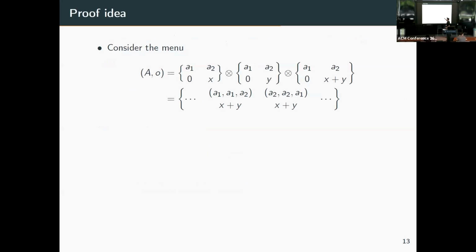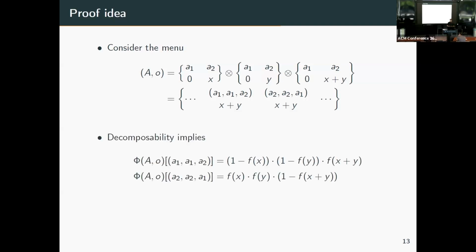So you can get x plus y by choosing A1 and A1 in the first two menus and A2 in the last one, or you can choose A2 and A2 in the first two menus and A1 in the last. By decomposability, the corresponding probabilities assigned to these triplets admit the following representation through our function f.